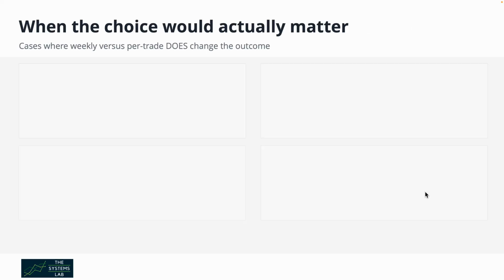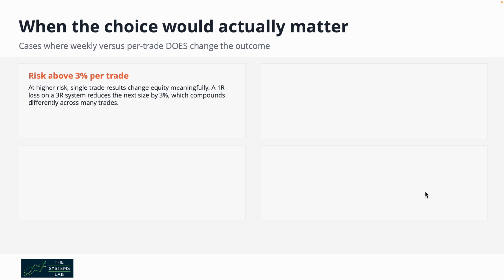Now, let's look at when the choice would actually matter. And these would be cases where the weekly versus the per trade methodology does change the outcome. So first of all, if you had risk above 3% per trade, at higher risk, single trade results change the equity meaningfully. A 1R loss on a 3R system reduces the next size by 3%, which compounds differently across many trades.